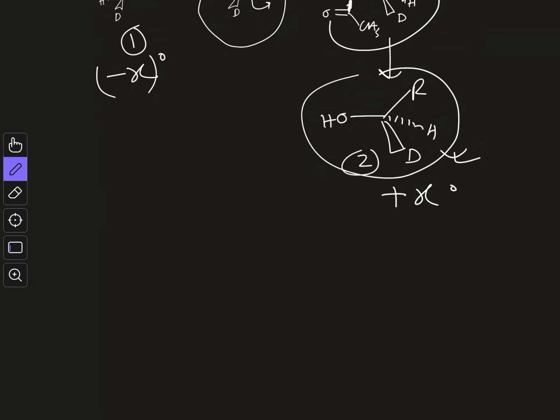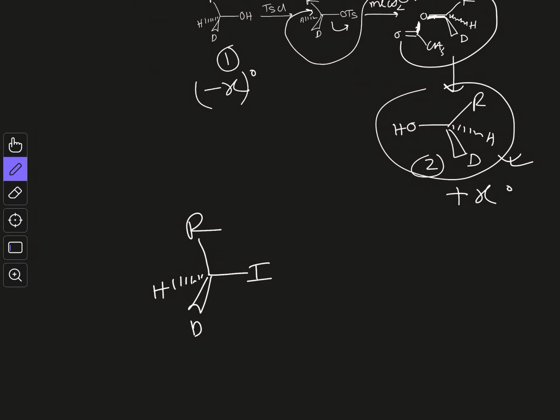For that we use 2-iodooctane. So we just represent it by R group, and here we have deuterium, and we have this hydrogen like this. This is our substrate, and we have iodine over here, and the same substrate we treat with radioactive I minus, iodine-128 minus, or we just represent it by I star.